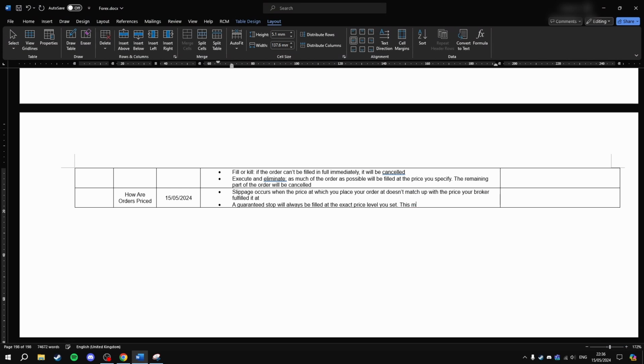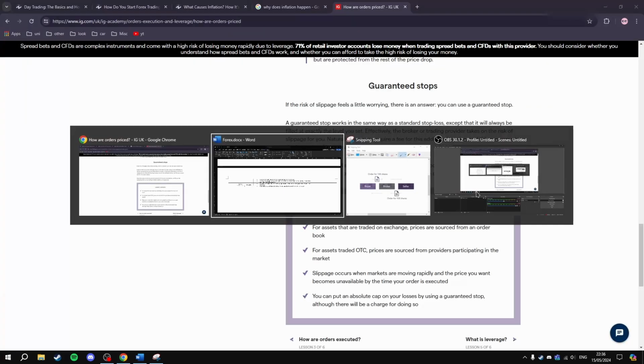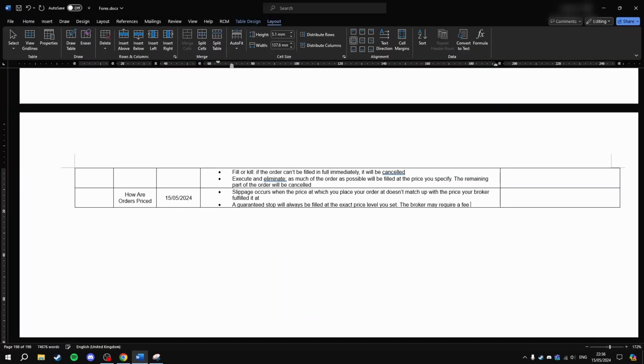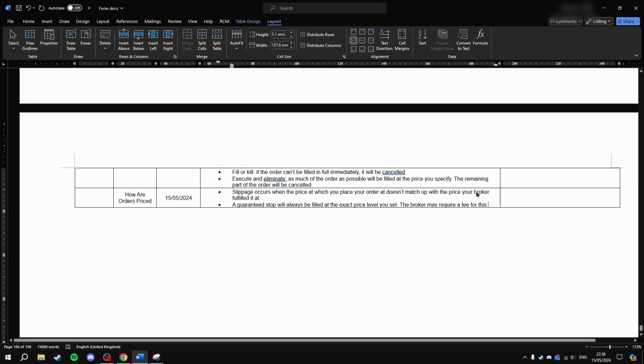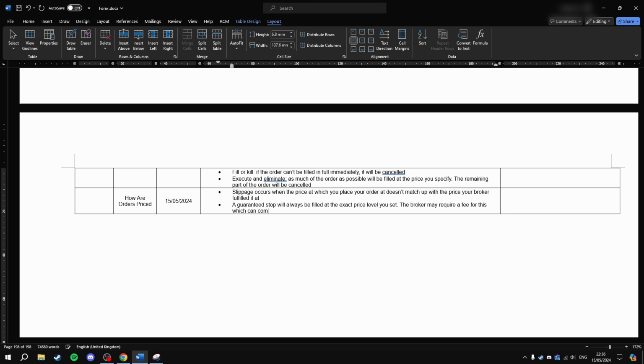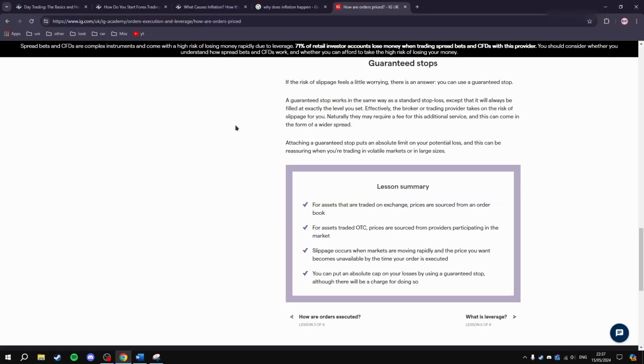The broker may require a fee for this, which can come in the form of a wider spread. Attaching a guaranteed stop puts an absolute limit on your potential loss, and this can be reassuring when you're trading in volatile markets or in large sizes.